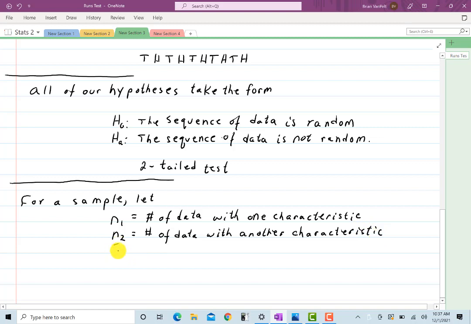And then the capital letter G will stand for the number of runs. We'll use the runs table to determine critical values.